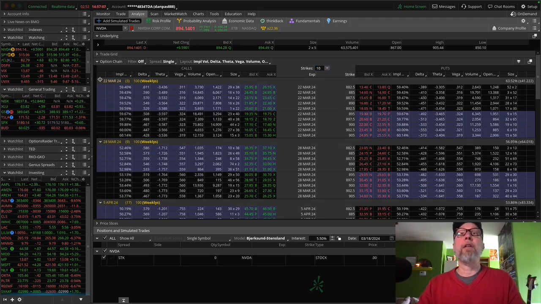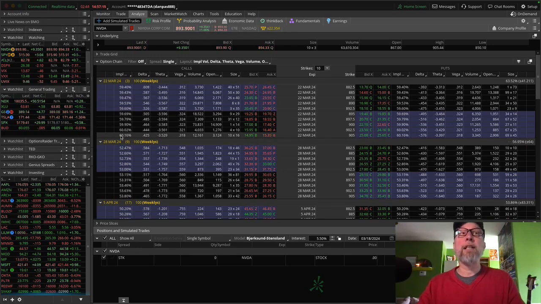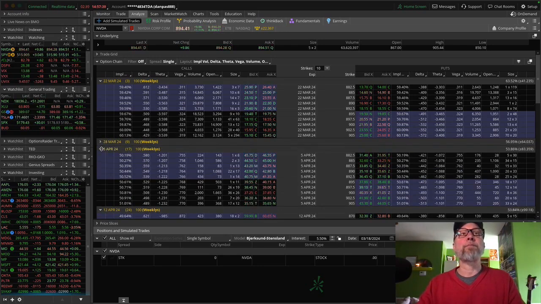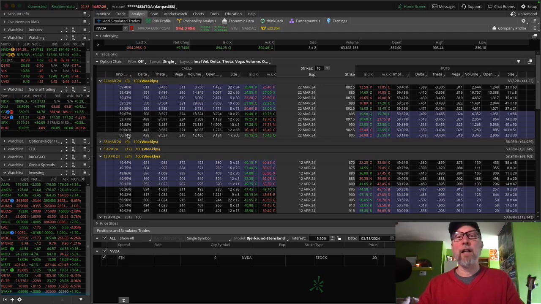or even we can look at the 3-day ones. Now that I think about it, we could sell the 3-day 905 strike calls at a pretty good price, and that's because the implied volatility is high. We'd be paying about a 50 volatility for these calls and selling these calls at a 60 volatility.